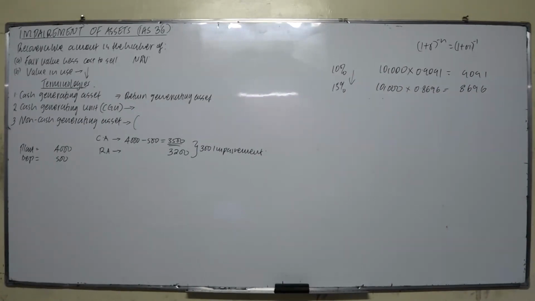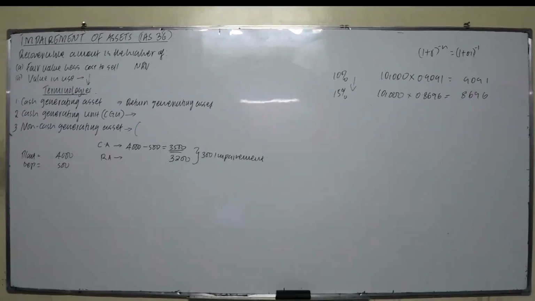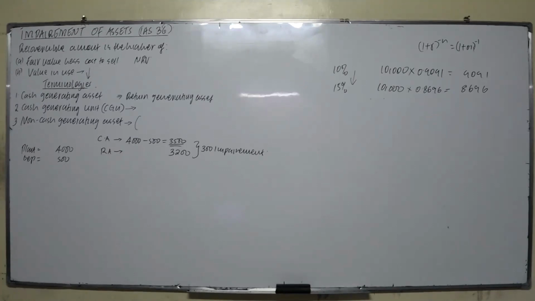Number two, evidence of inferior performance. Yeah, it's not performing the way you expected. Those are some of the indicators of impairment loss.